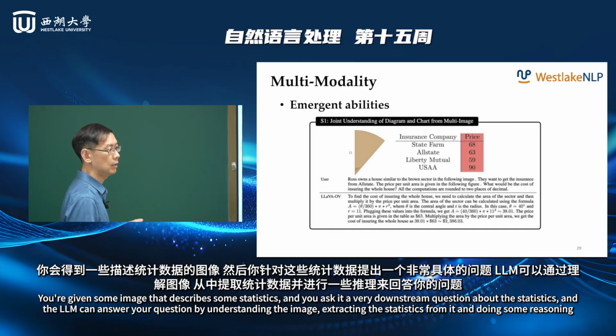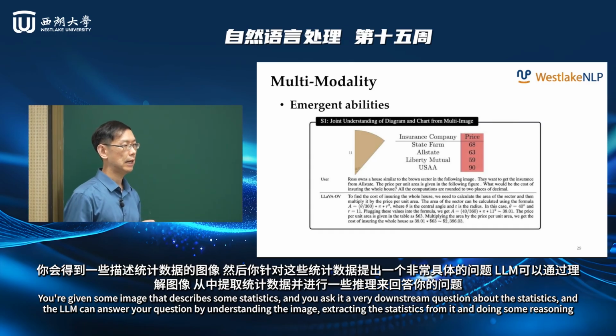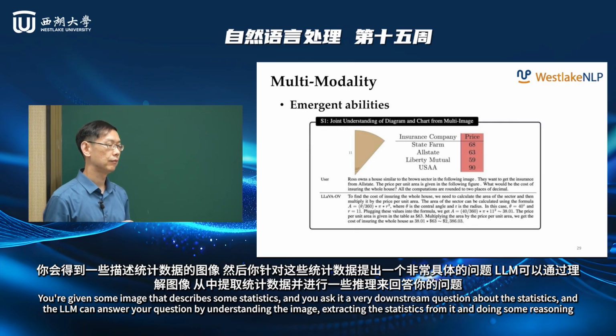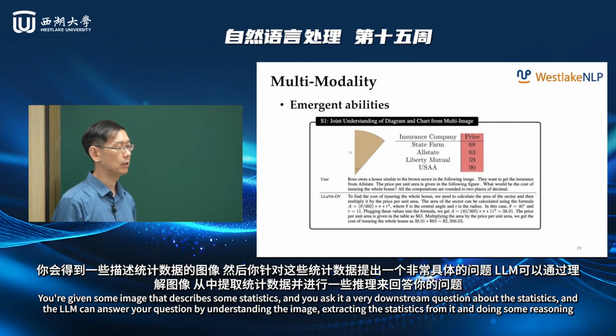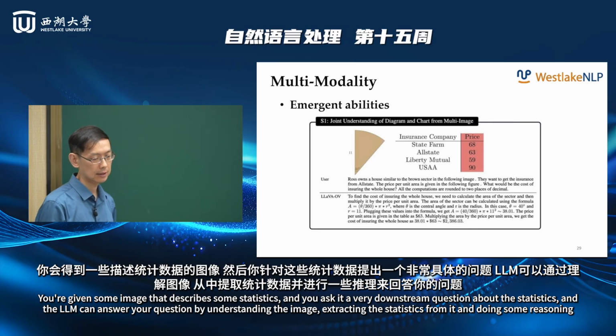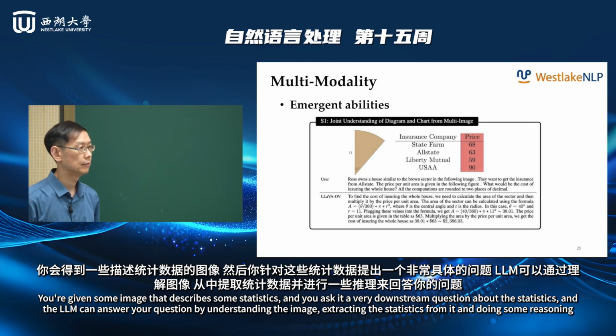You're given some image that describes some statistics, and you ask it a very downstream question about these statistics. And the LLM can answer your question by understanding the image, extracting the statistics from it, and doing some reasoning.